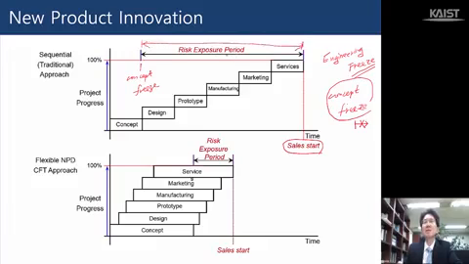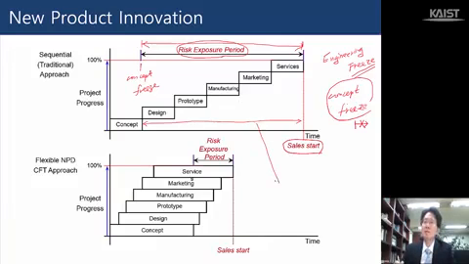I call that the risk exposure period. Why is it risk exposure? This is a pretty vulnerable period for the company. In other words, what if something happens during that time period? You cannot change your concept. You cannot incorporate what's happening in the market during that period of time into your new product.